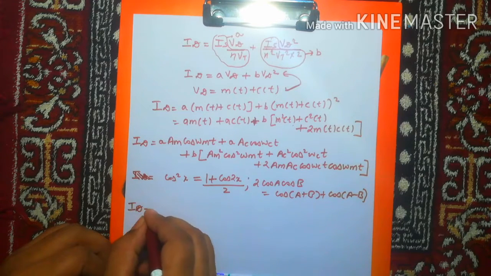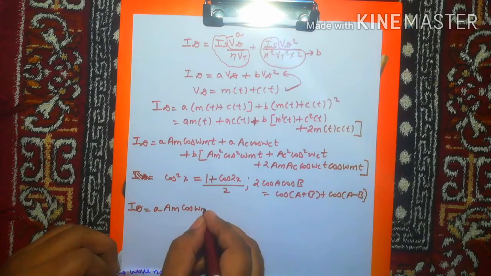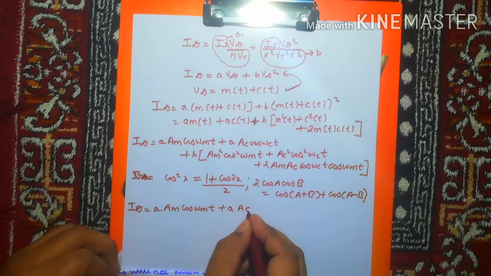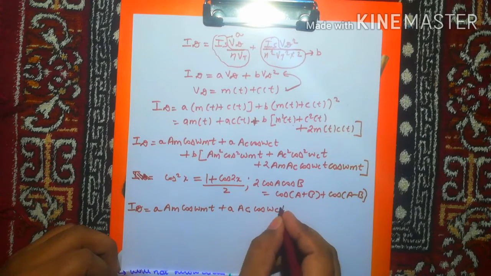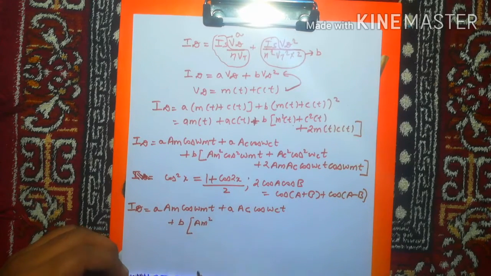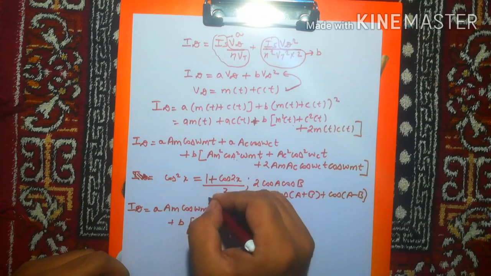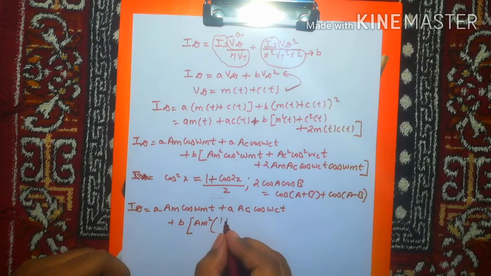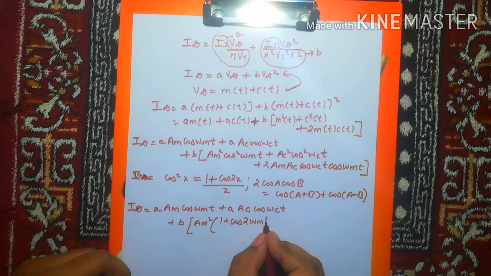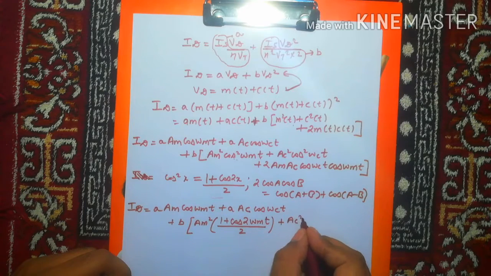Id is equal to A into Am cos of omega m t plus A into Ac cos of omega c t plus B Am square cos square omega m t. How can I write? I am using this identity as (1 plus cos of 2 omega m t) divided by 2 plus Ac square.